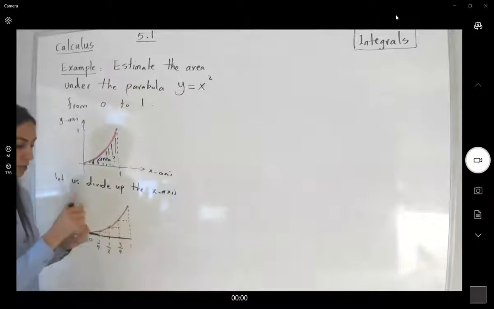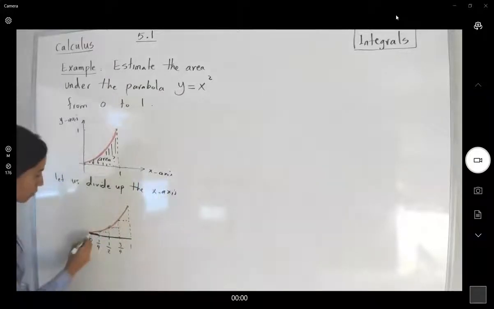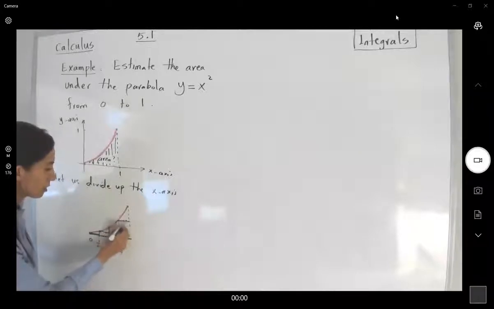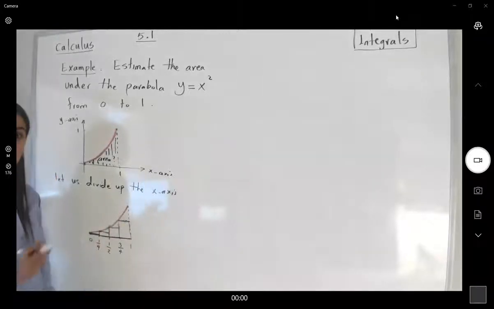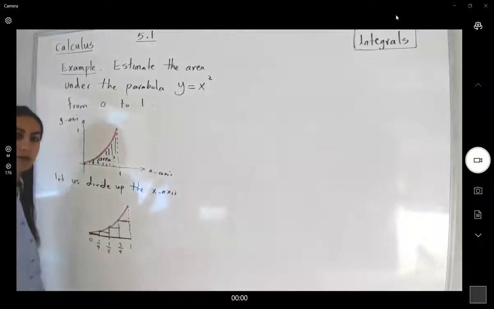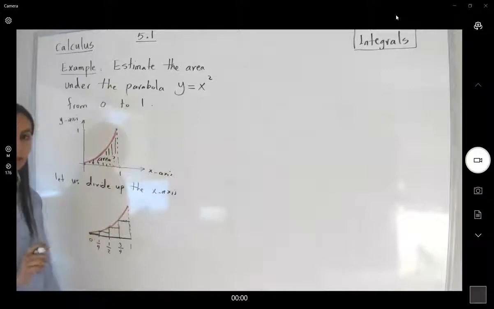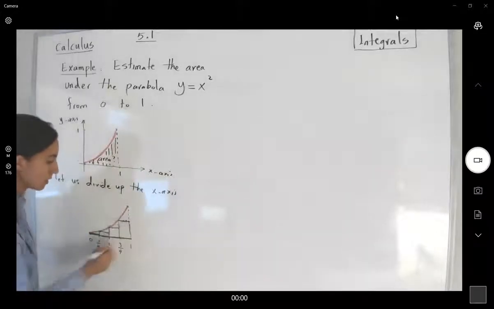or below the curve. So now your first rectangle is going to be just here. Your second rectangle is here. Your third rectangle is here. And your fourth rectangle is going to be just here. So as you can see, now we're approximating the area using smaller values, smaller areas.